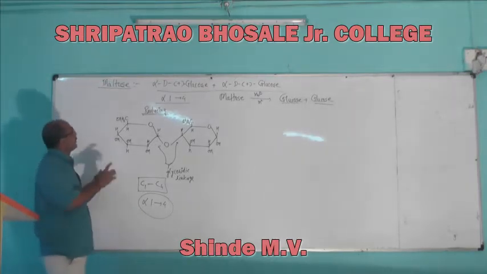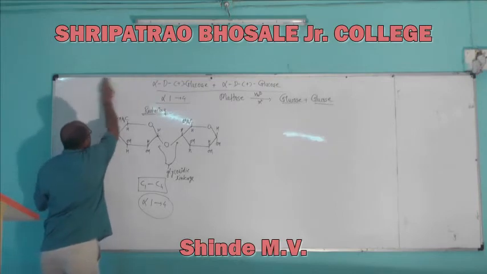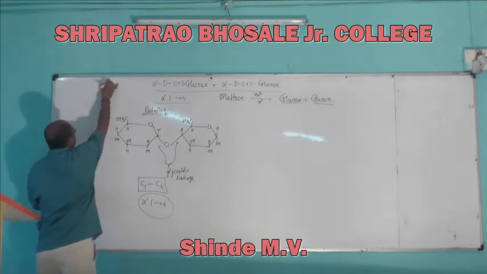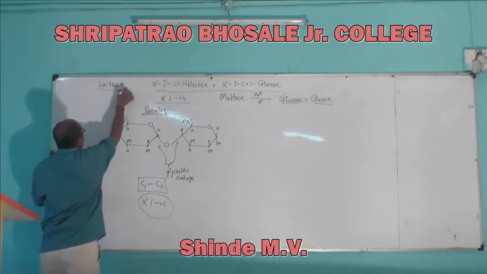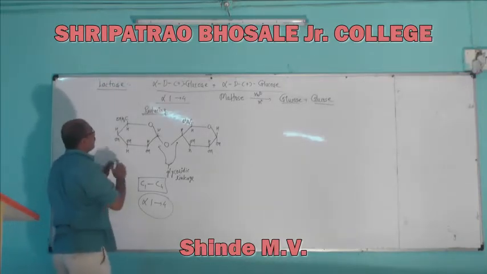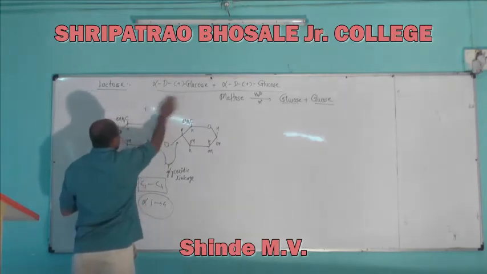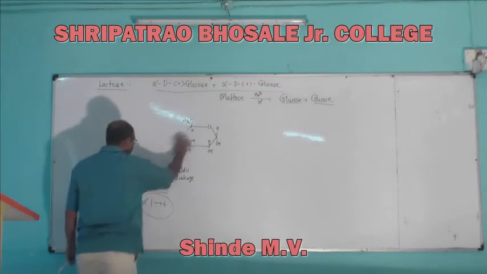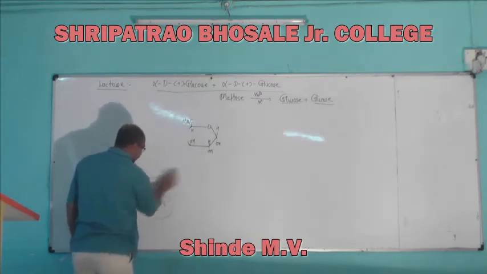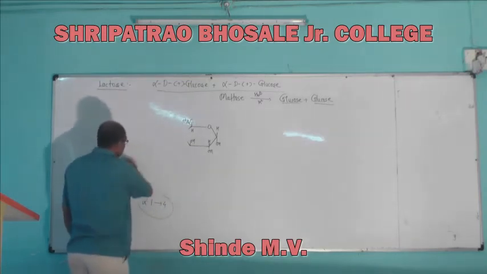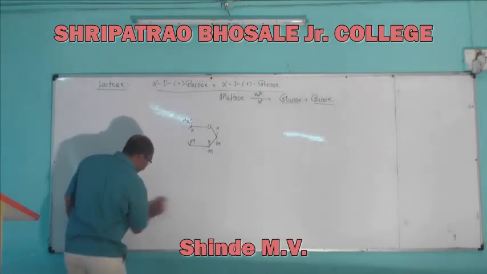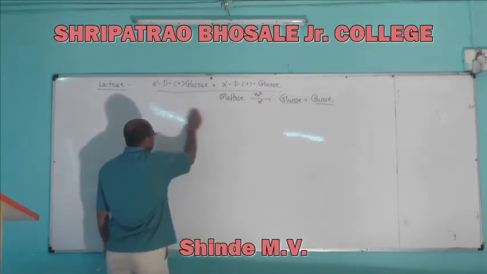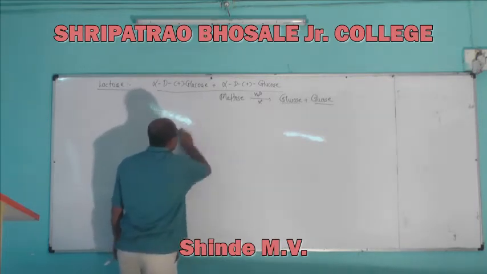Now, the third disaccharide is lactose, which is commonly known as milk sugar. On hydrolysis it forms two monosaccharide units, galactose and glucose.